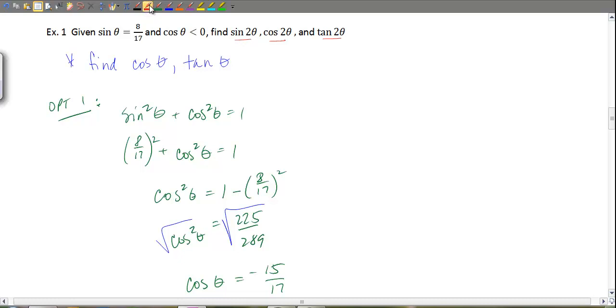The second way would be to use what we learned back in chapter 1 or the very beginning of chapter 2. And that's where, if I know that the sine is y over r, I would know that y is equal to 8, r is 17, and because cosine is supposed to be x over r, I can then solve for x.